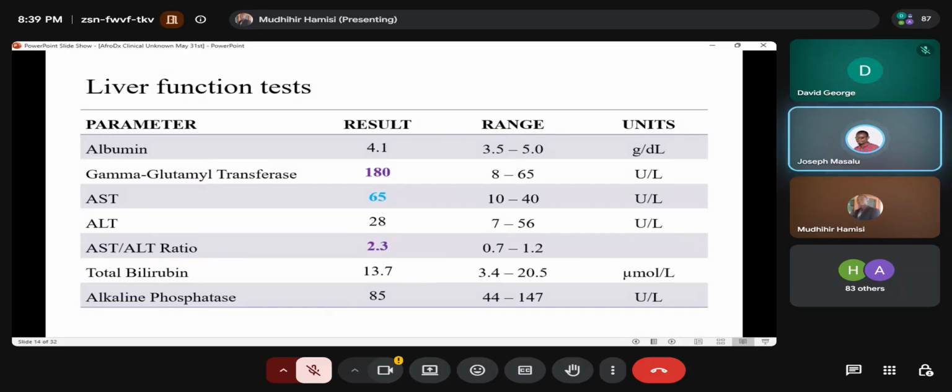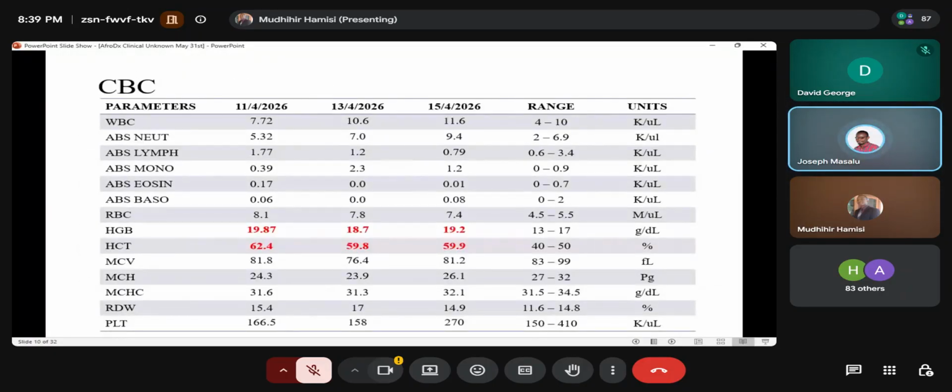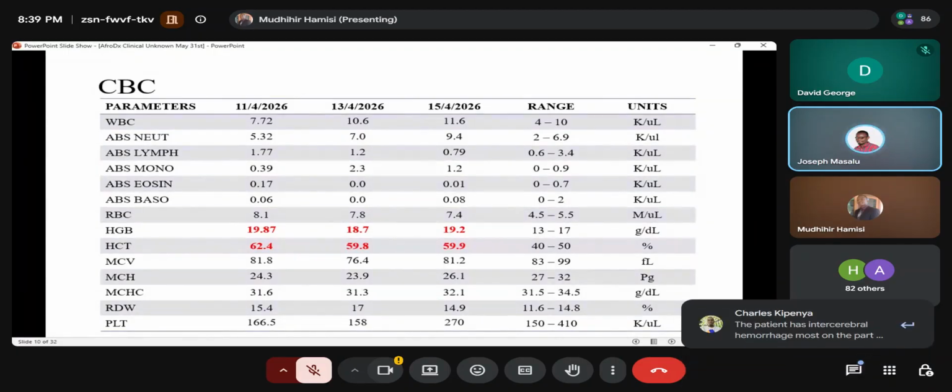Yeah. So let's see the CBC. Thank you for highlighting, because it becomes easier to talk about it. What we are seeing here is that the HB is above all I've seen, and the HB and the hematocrit are all elevated.